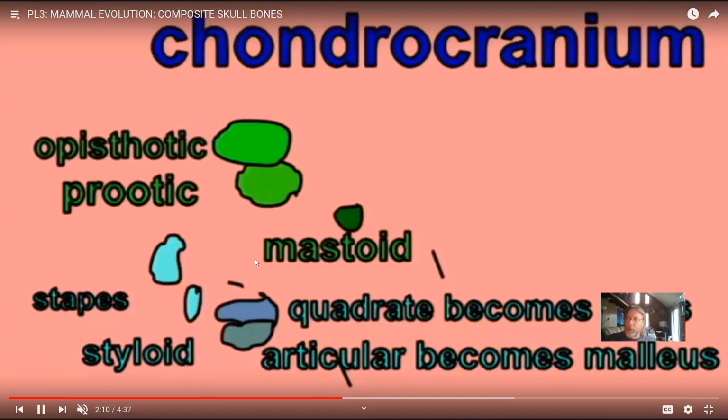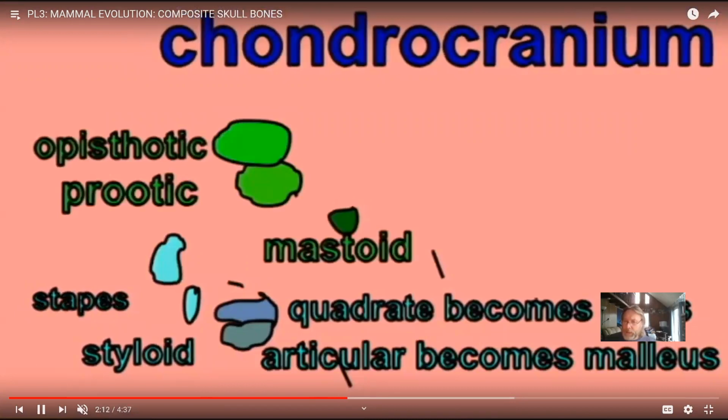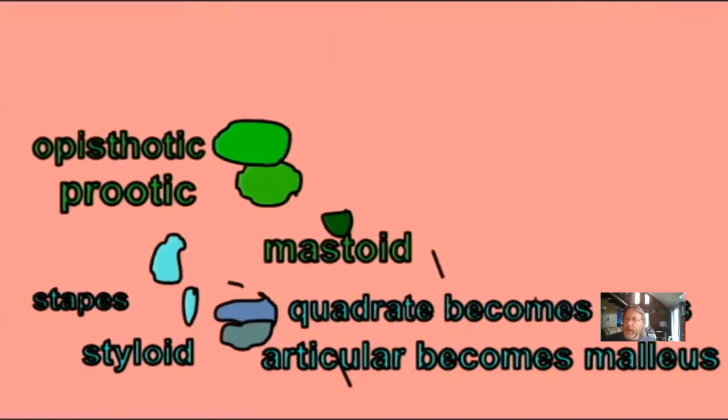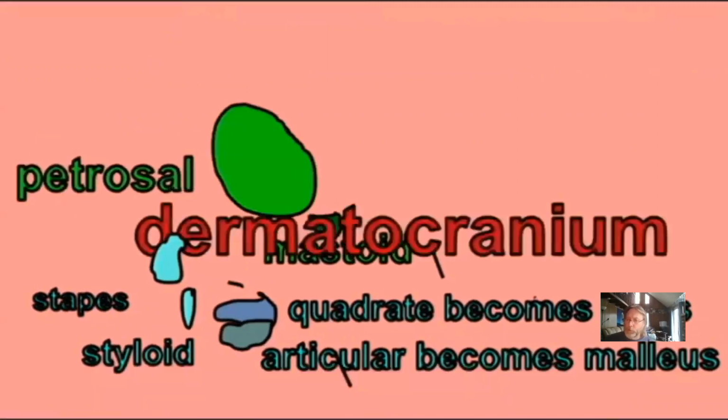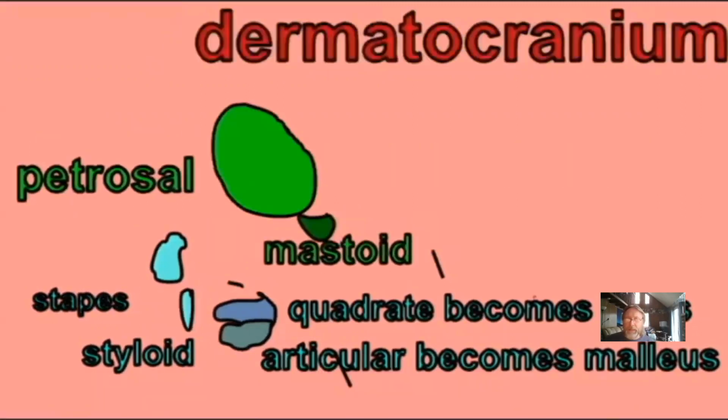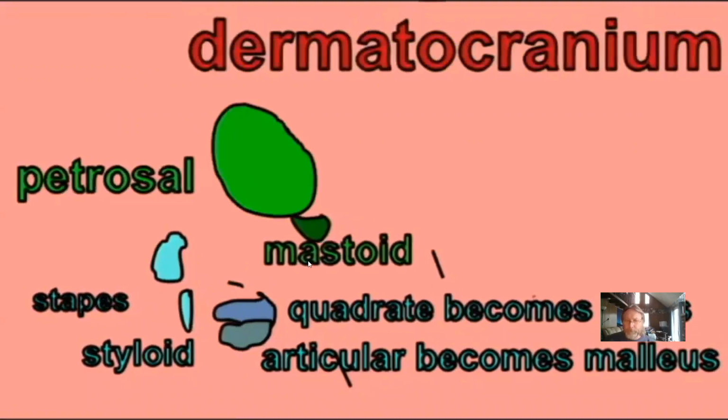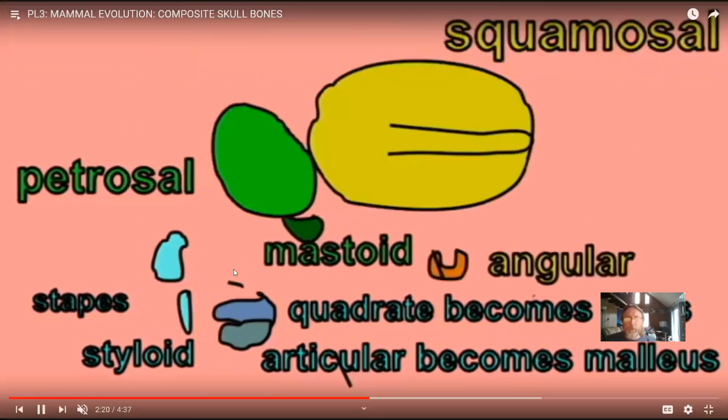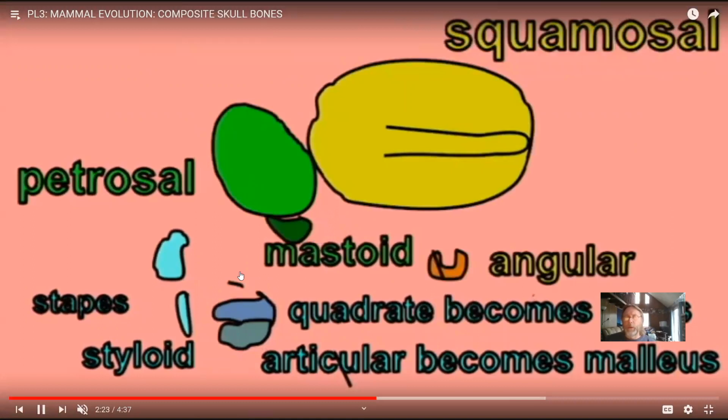So the temporal bone has components of the dermatocranium, chondrocranium, and splanchnocranium if you include those little auditory ossicles. And then there's the styloid process, which also seems to be derived from the splanchnocranium.